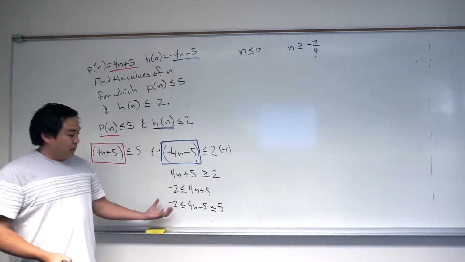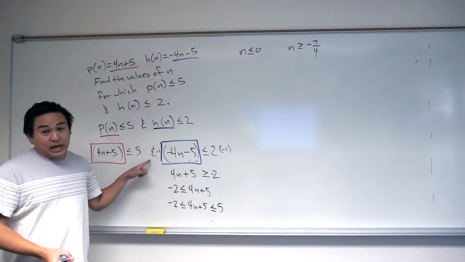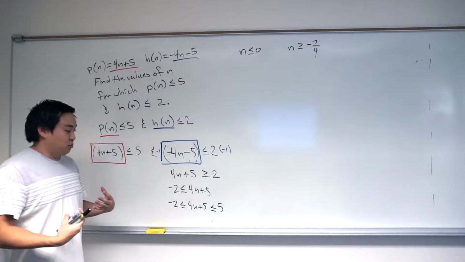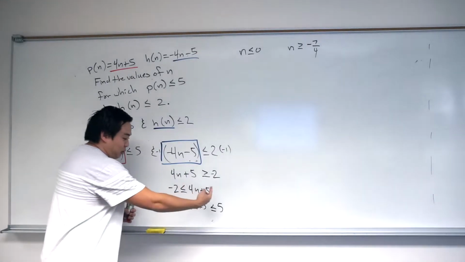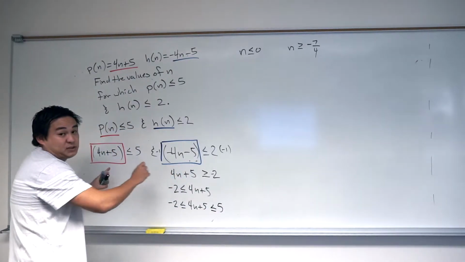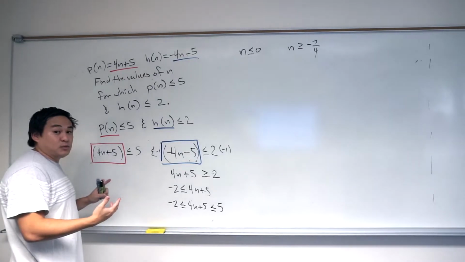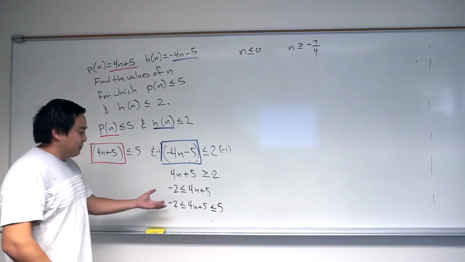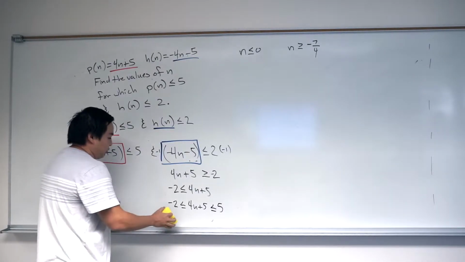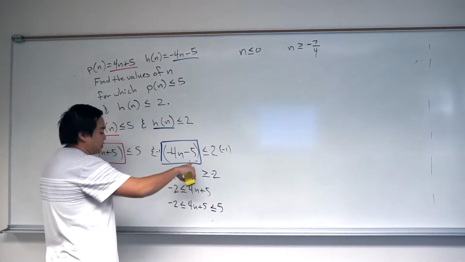Now the reason why we can do it here is because it's an AND problem. You cannot do this with ORs. My personal preference is anytime you have a problem that looks like this, to split it into 2 and not do it as 1. The reason for that is because when there are variables on both sides, it gets a little tricky. I prefer to have it split as 2.